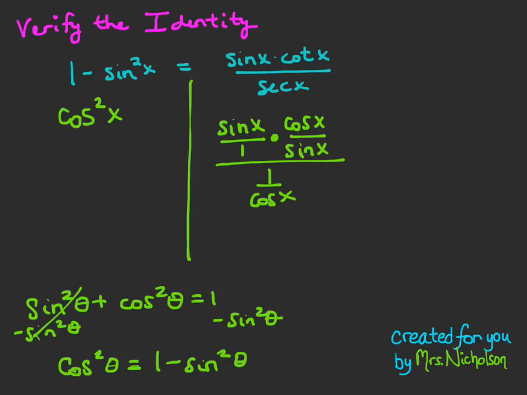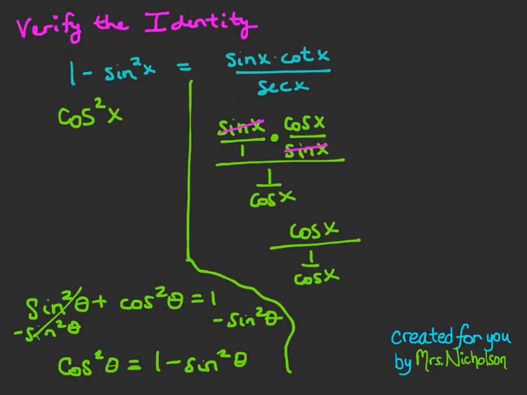Now, we've got two fractions being multiplied and then another fraction being divided. So let's go, I'm going to rewrite my numerator. I'm going to go ahead and combine them together. Well, actually, if you notice, I've got a sine on top and on bottom in my numerator. Those can actually cancel each other out. And so in my numerator, I'm just left with cosine x over 1 over cosine x.